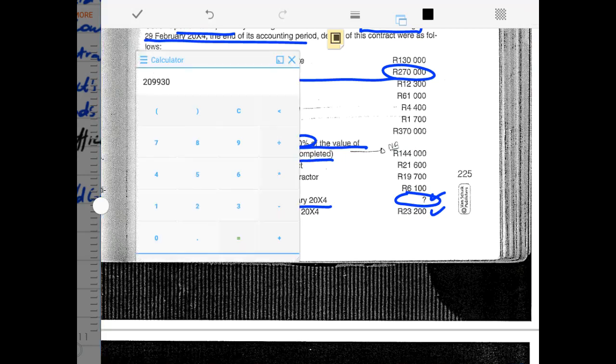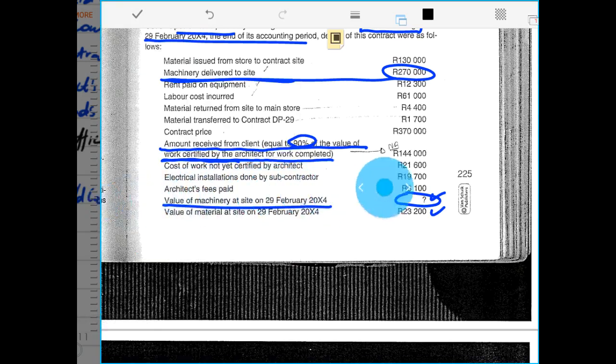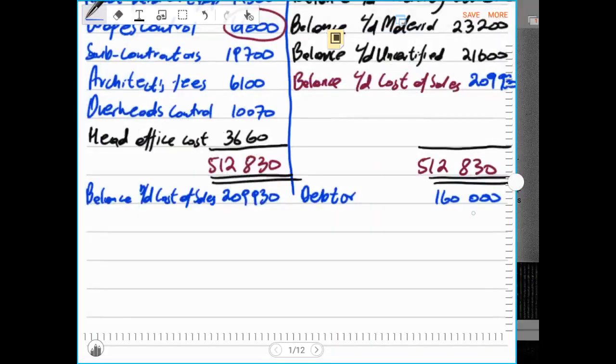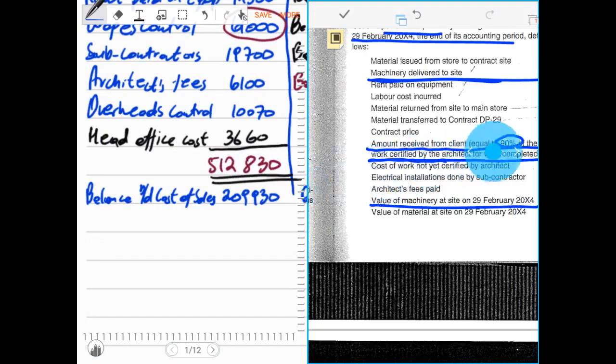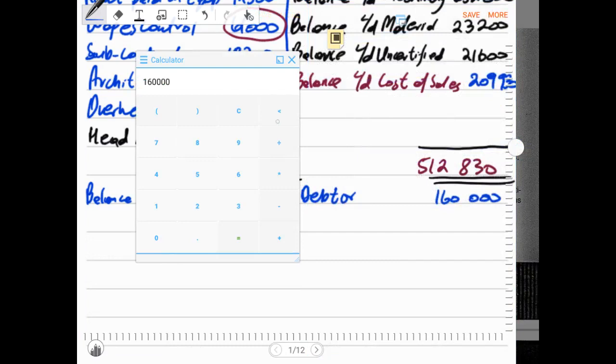We divided 144,000 by 90% because we are looking for 100% of the amount, and that gave us the full value of the certified work, 160,000 rands.